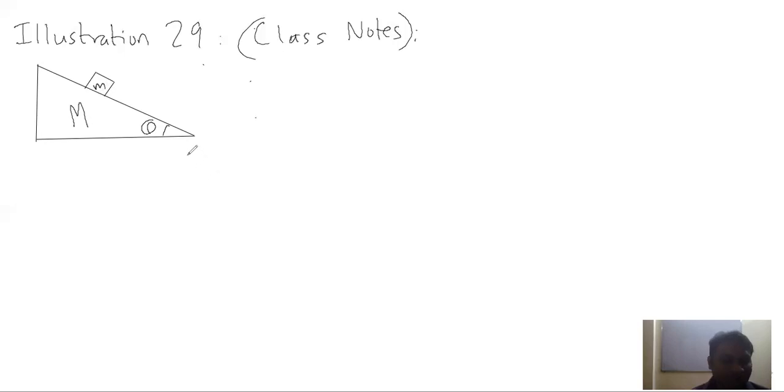We have to calculate the acceleration of the wedge. As this block moves downward, there will be a push on the wedge towards the left. The wedge will move towards the left side, whereas the block will move down the incline.